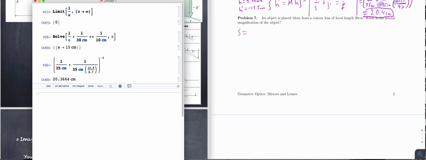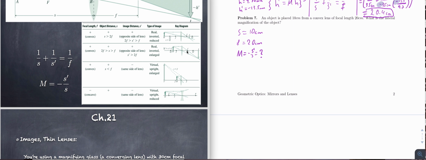An object is placed 10 centimeters from a convex lens. The focal length is 20 centimeters. What is the lateral magnification of the object, which is minus s prime over s? And that is the question.